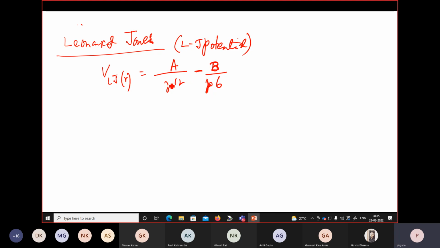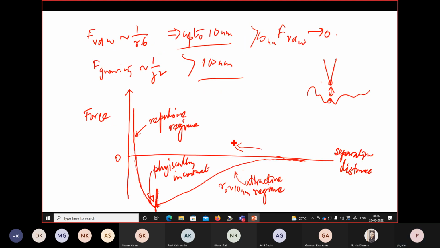What is r? r is the distance, or the separation, between the probe tip and the surface atom, right? So now if r is greater than r naught, then what will happen? Both terms will be 0. So say this is r naught.